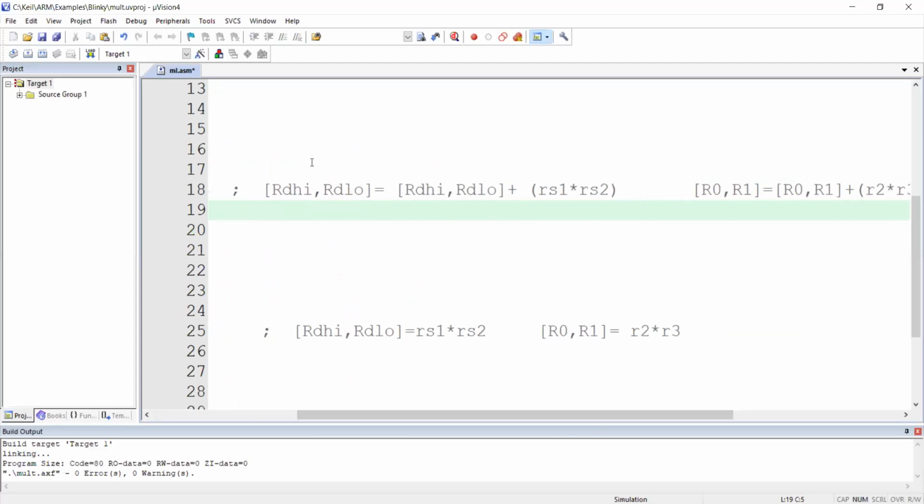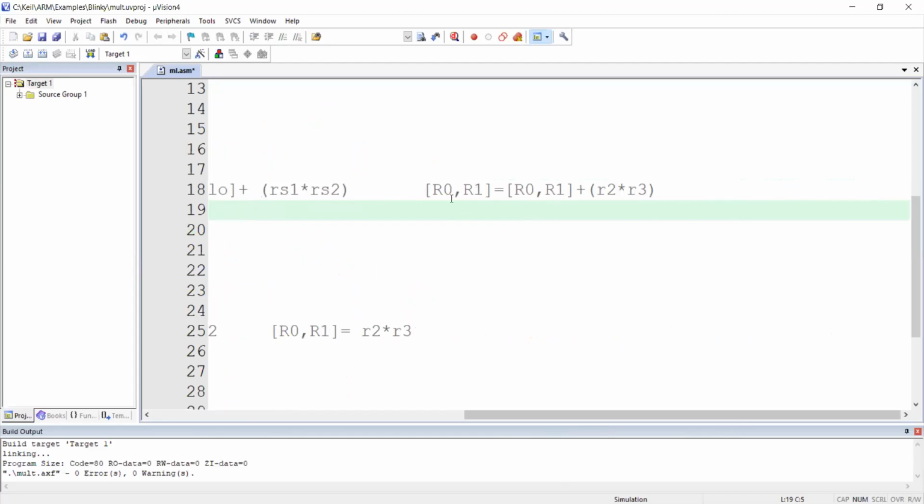RdHi, RdLo equals the existing values of destination high and destination low plus the product of the two numbers. According to our rule, what are the two destinations? R0 and R1. What are the two participants? R2 and R3. So get this product, also perform plus with R0 and R1, whatever is existing.